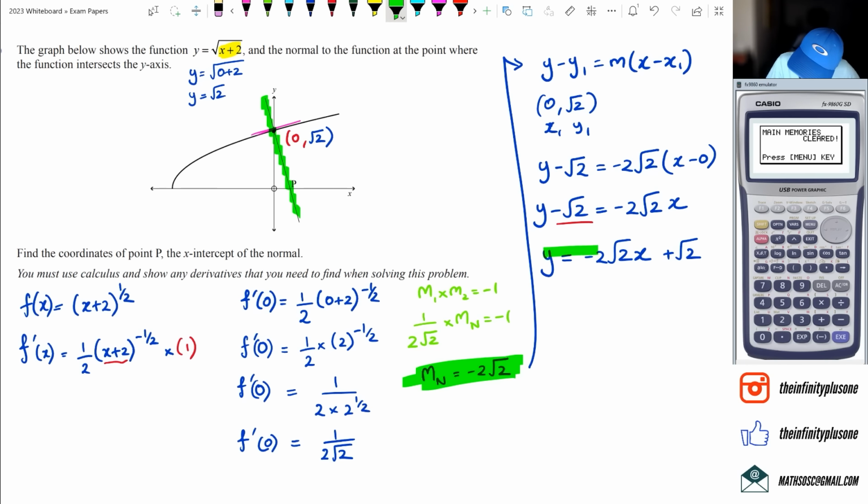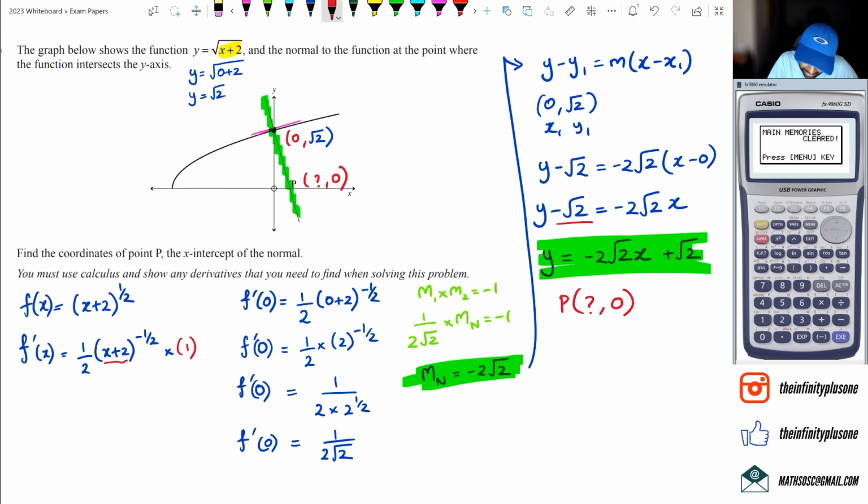So what I've got here is the equation of the normal, and what I know though is the point P, its y value is 0, but I actually need to figure out what the x value is. So for that I need to put this equation equal to 0, because that's the equation of the line. 0 is equal to -2 root 2 x, where x is what we're trying to figure out, plus root 2.